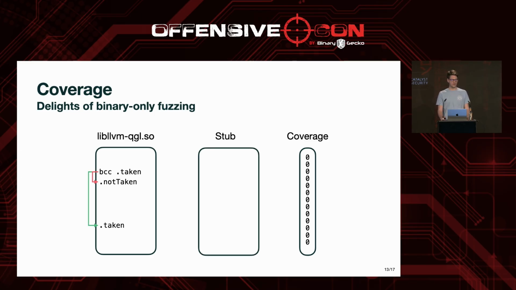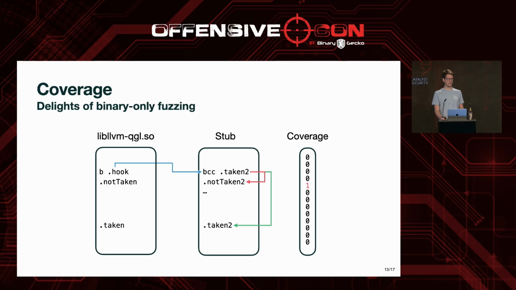For each of the conditional branches, we can allocate some kind of stub region, and in there, we replicate the respective conditional branch. Once we have that, we can override the original conditional branch with an unconditional branch, and within the stub region, we can emit some kind of coverage instrumentation that, on exercising the respective edge, will set some bit within the coverage map, and the fuzzer can use that to develop its corpus into interesting directions.